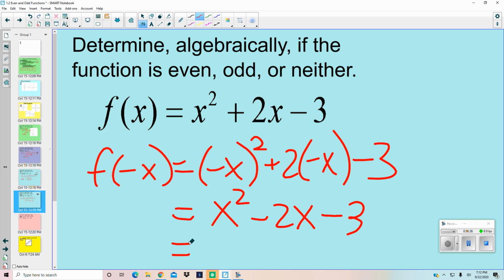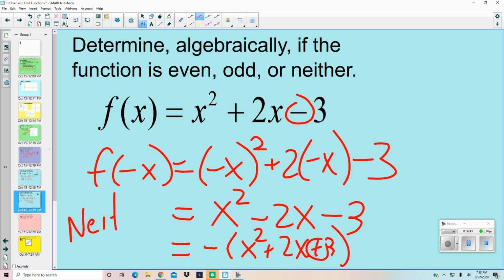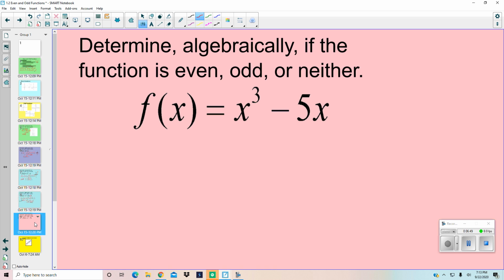It's not what I started with, so I know it's not even. If I factor out a negative, is it the opposite? Nope, because here and here, so it's neither. And my guess is it's a parabola, but it doesn't have a vertex right on the y-axis.